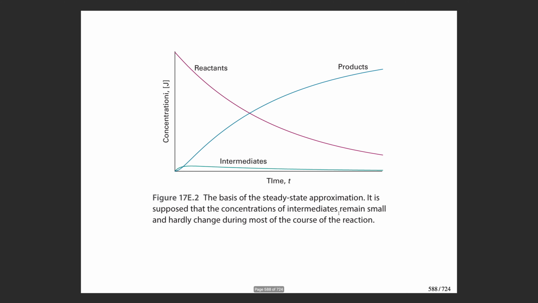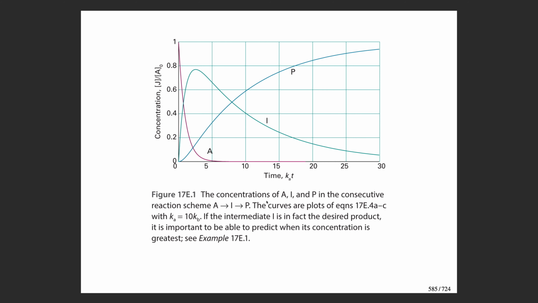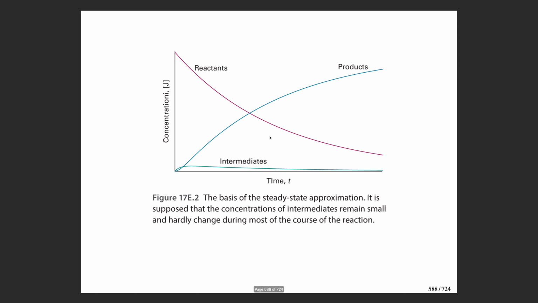Comparing this figure, where we get quite a large amount of intermediate forming, the steady state approximation is only valid when the intermediate concentration does not get very large and is more or less steady with time.